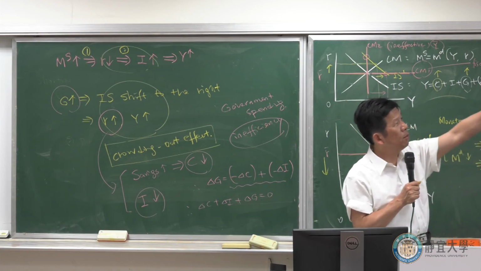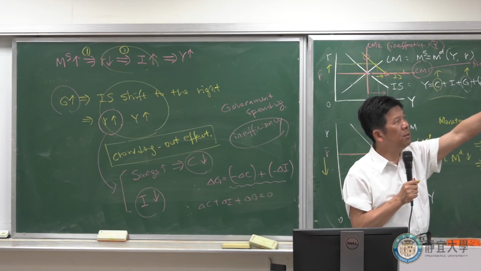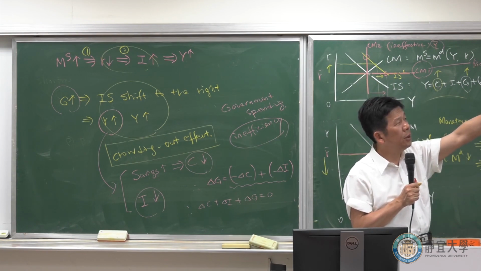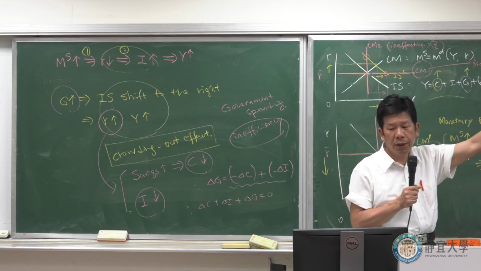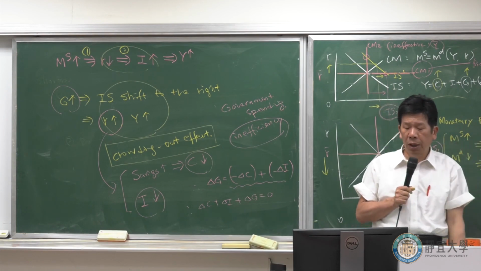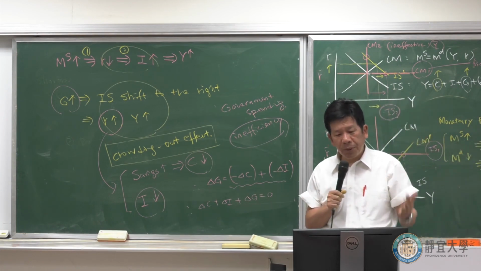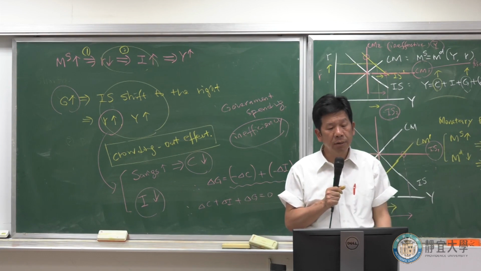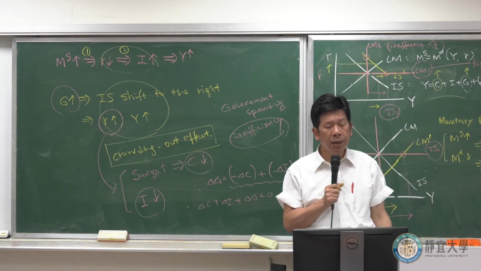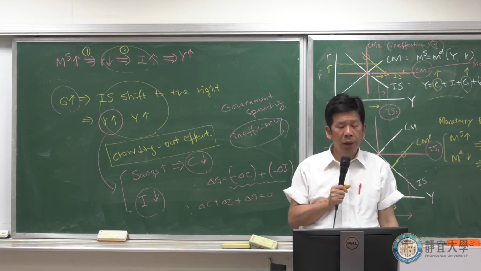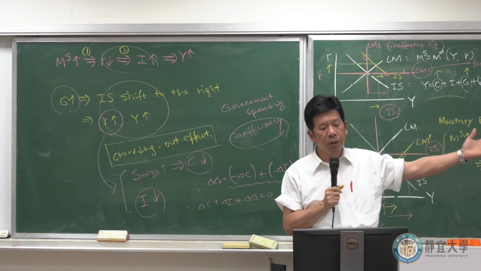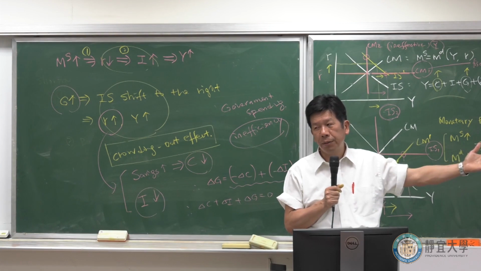So the equilibrium point goes from E prime to E double prime. When government expenditure or spending increases, the equilibrium moves from the E prime point to the E double prime.